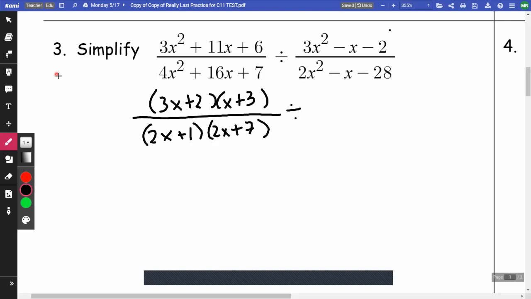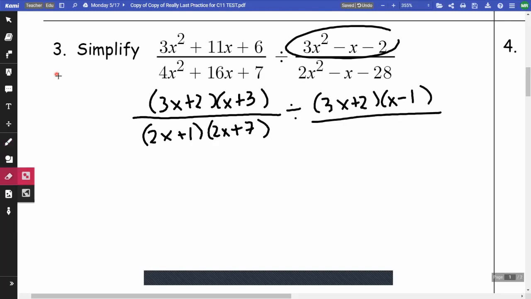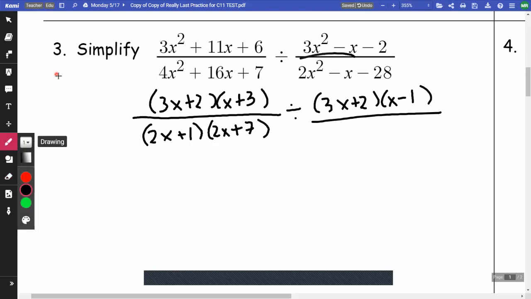Divided by. And now when I'm doing this, that's going to be a 3x and an x, a 2 and a 1. I'm thinking minus 1 here because that'll be a -3, and then plus 2. And then on this one, again, 2x, x.